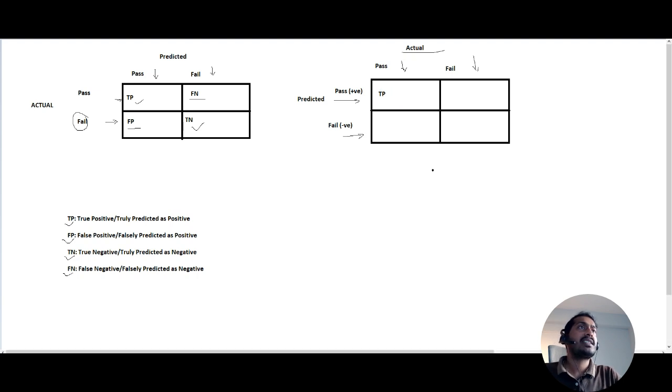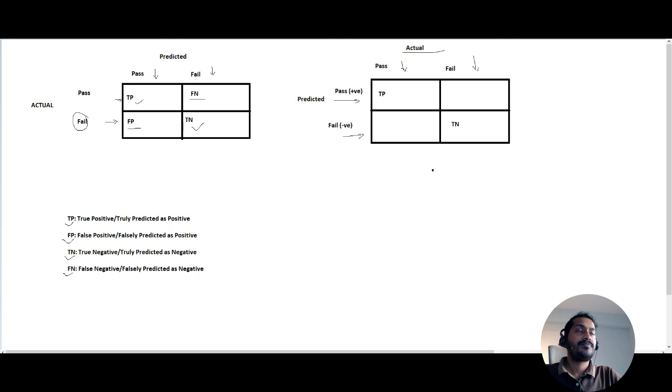Now see this, the second one where it shows fail and fail, so this value would be considered as a true negative, that means truly predicted as a negative. Now these two values get changed because the matrix becomes the transpose, or the prediction and actual values differ here.